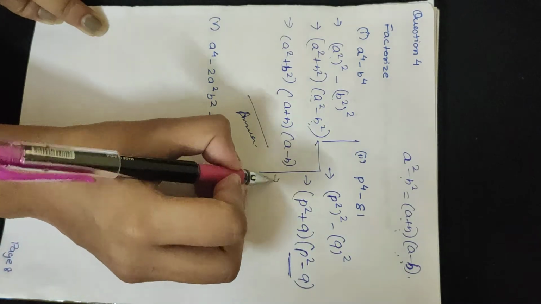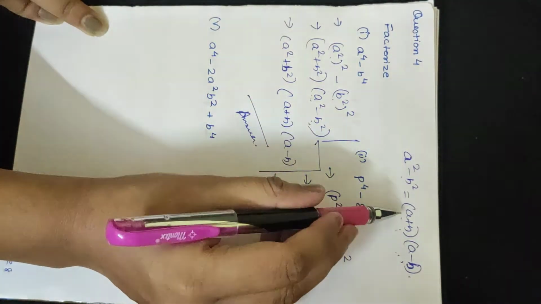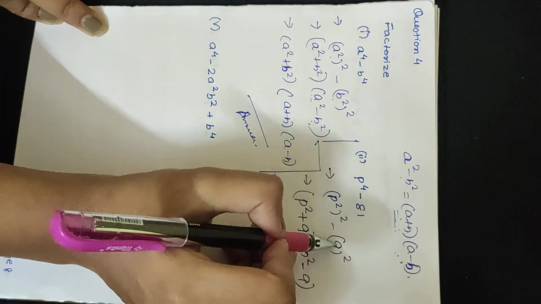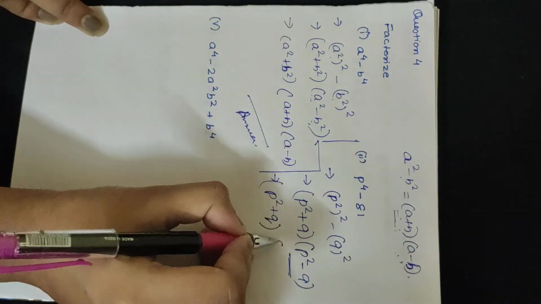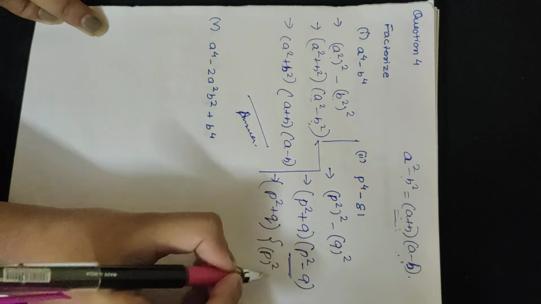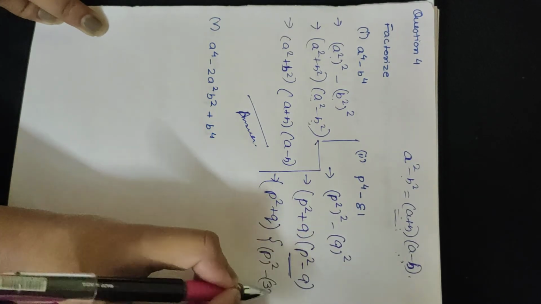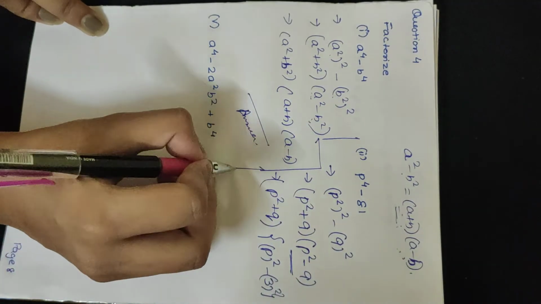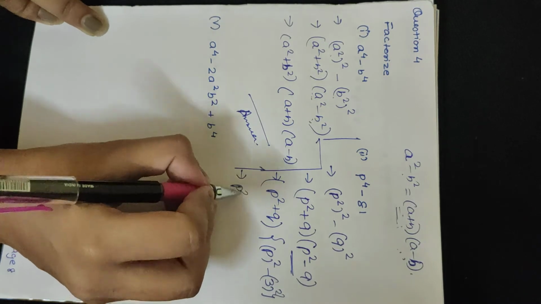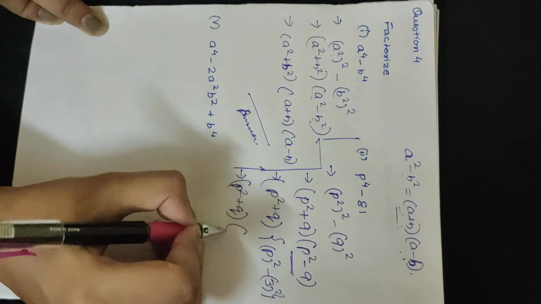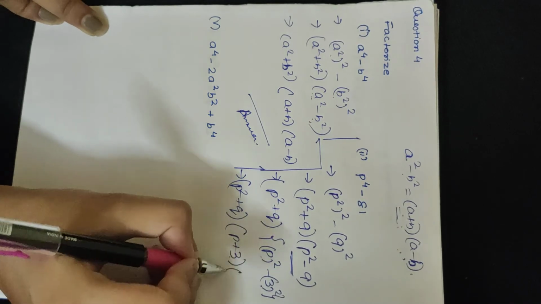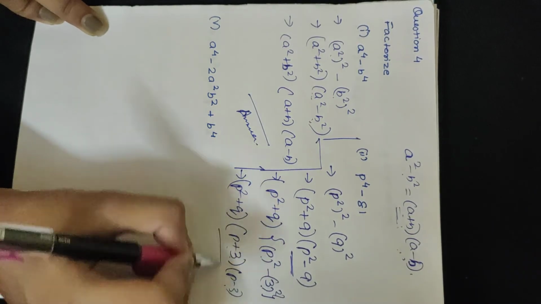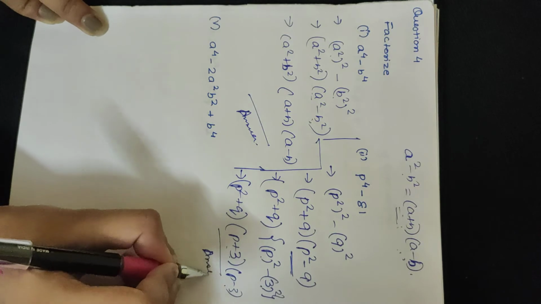Again, this can be broken down using the same formula, so we can apply the same formula twice in an expression. p square minus 9 is p square minus 3 square. So p square plus 9 can be kept this way, and this is (p plus 3)(p minus 3), which is a plus b, a minus b. So this is the answer.